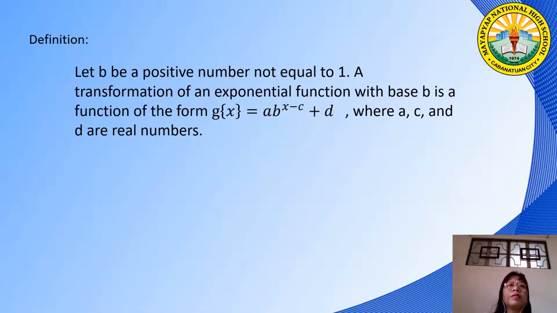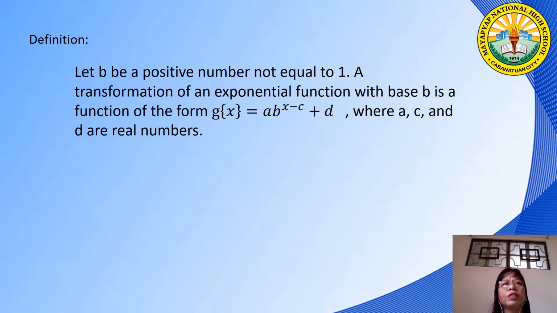So let b be a positive number not equal to 1, because in an exponential function, it is stated that b is greater than 0 but b is not equal to 1.